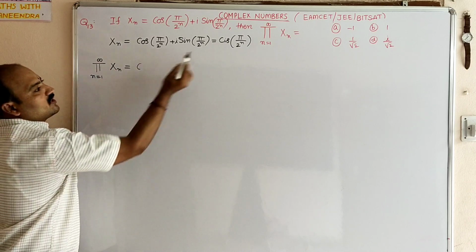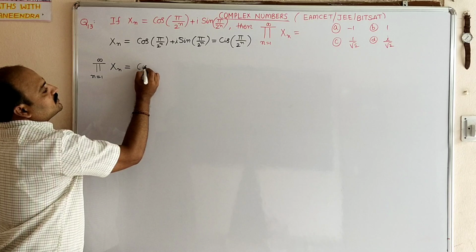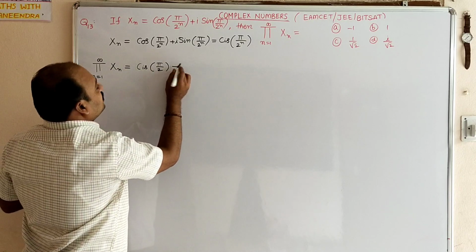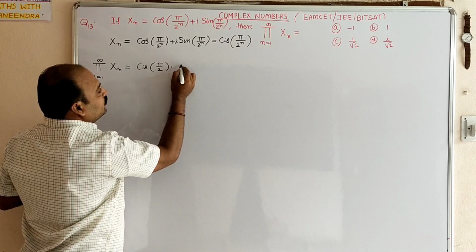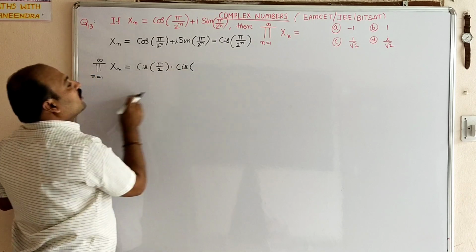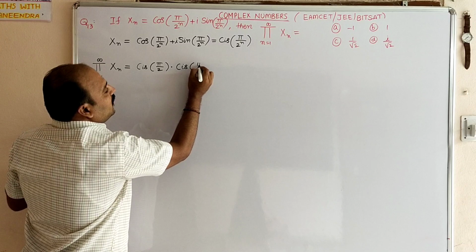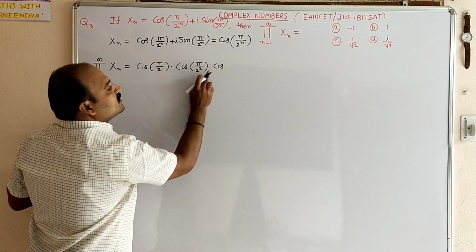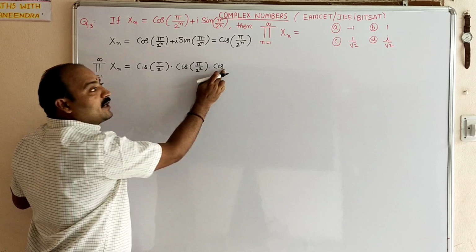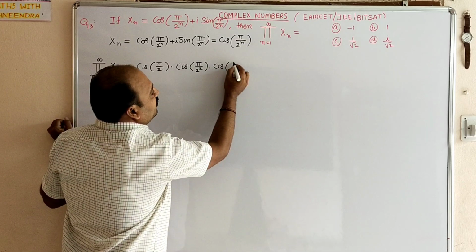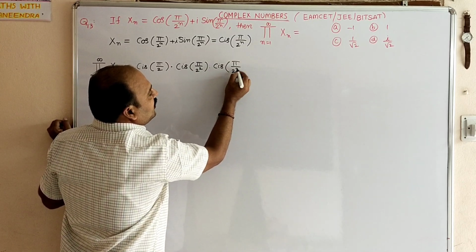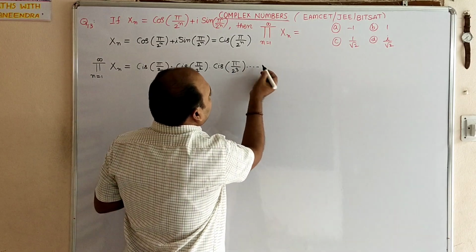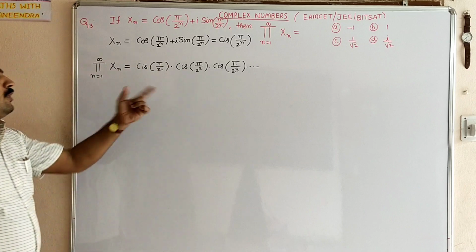First n equal to 1: cis of pi by 2, into cis of n equal to 2, so (pi by 2) square, into cis means cos theta plus i sin theta, that is the meaning, into (pi by 2) power 3 and so on up to infinity. No need to write all the terms.